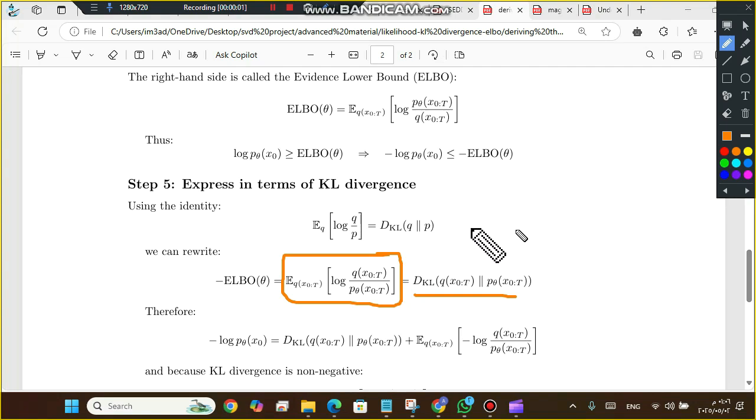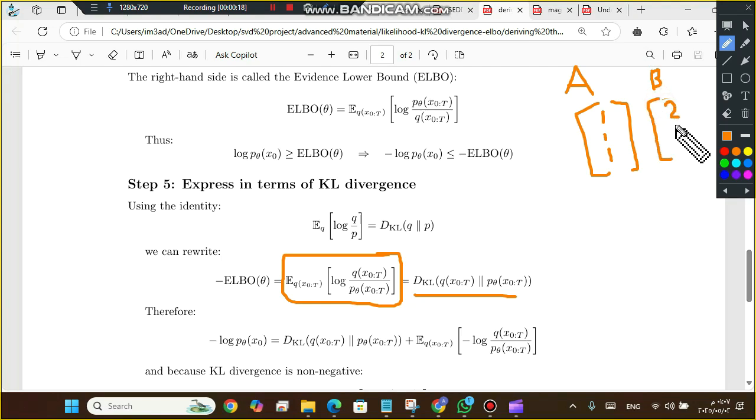If you're not familiar with divergence, let me go through it really quick over here. Let's assume that we have two vectors, vector A, which is, for example, 1, 1, 1, and vector B is, for example, 2, 2, 2. So what is the divergence between those two vectors?